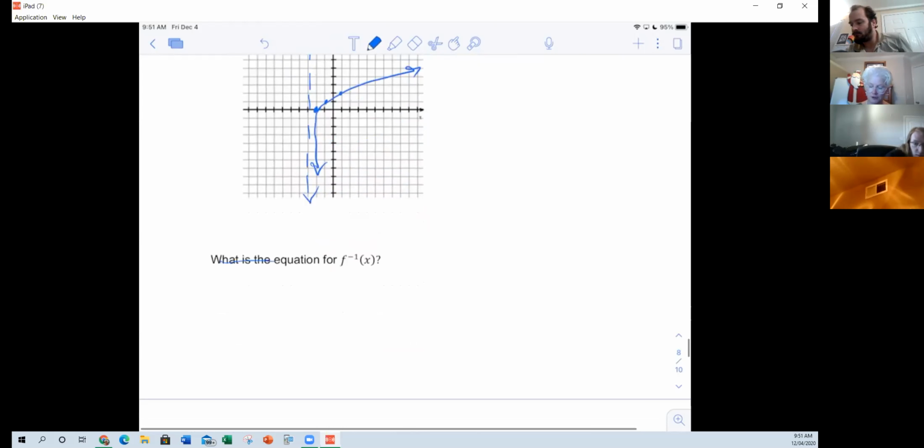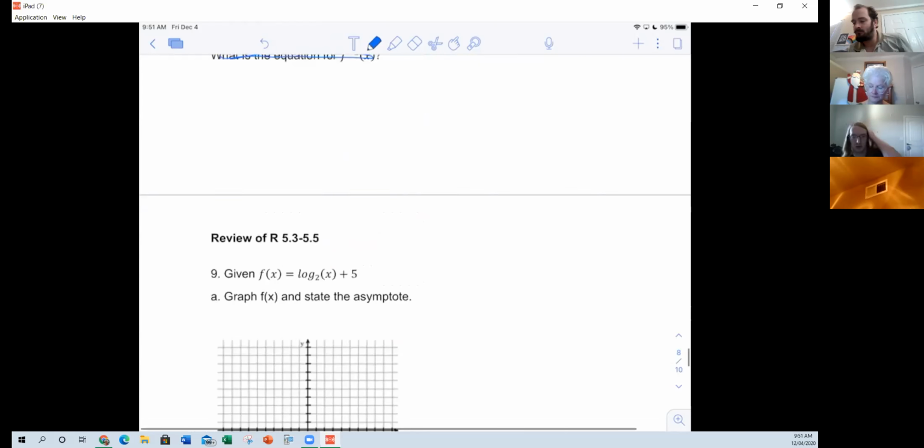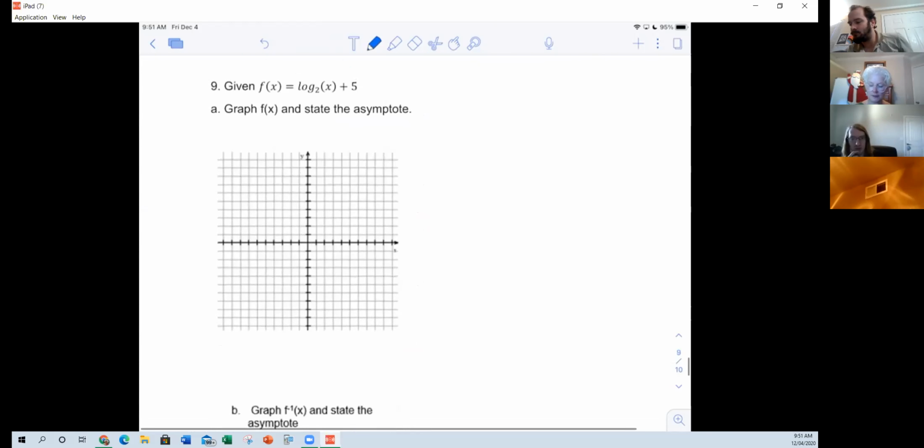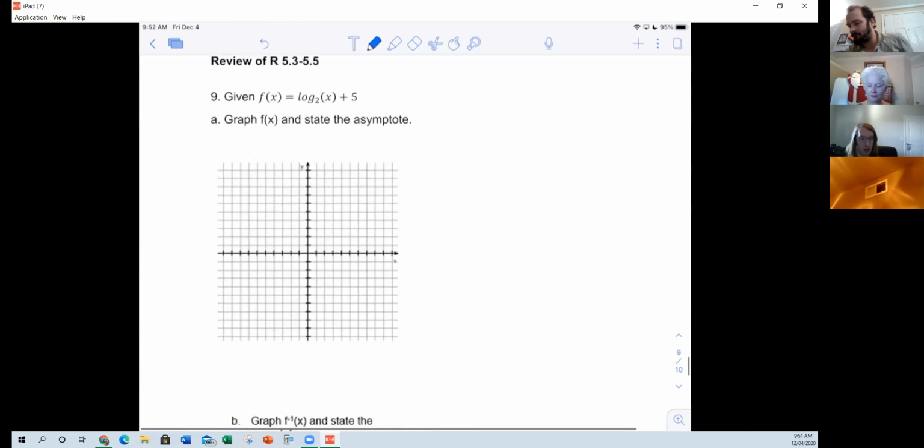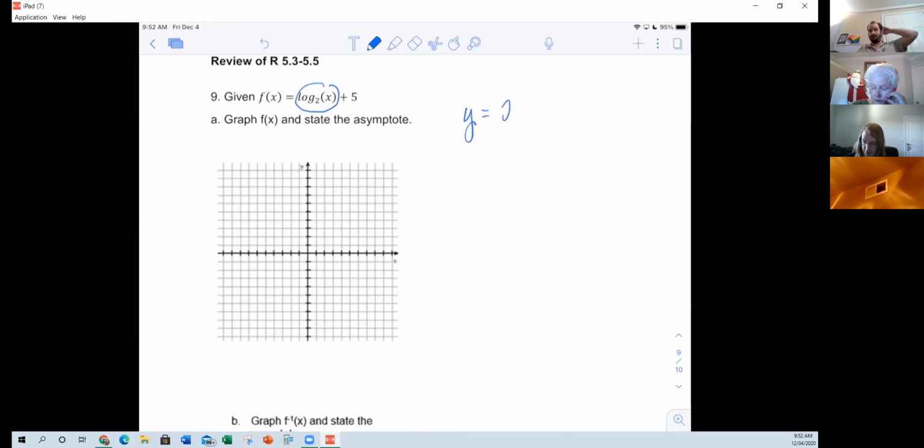And again, we're not going to do this just yet. All right, so given that f of x equals log base 2 of x plus 5. Okay, so I do not like thinking backwards. I just don't. So what I always do is I go, okay, the inverse of that would be y equals 2 to the power of x. And that's where I start.